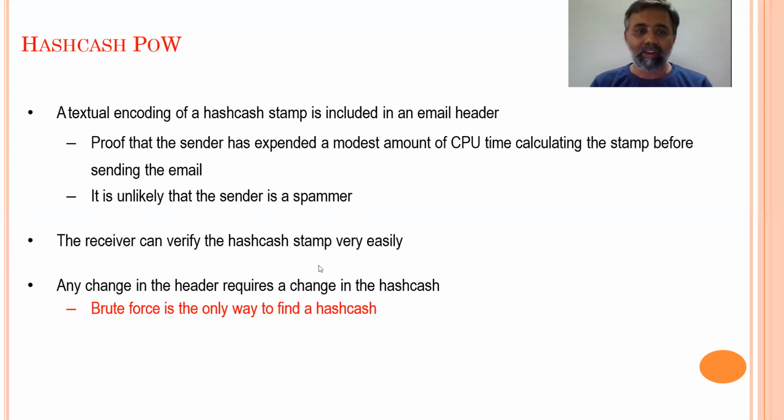The recipient can verify the hashcash stamp very easily, as I discussed in the previous slide. Any change in the header requires a change in the hashcash, and the only option for that will be a brute force attack, trying each and every way to find the same. So definitely it will not be feasible for any spammer.